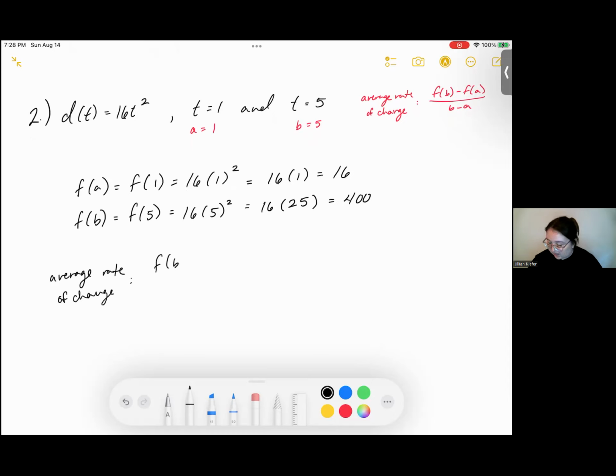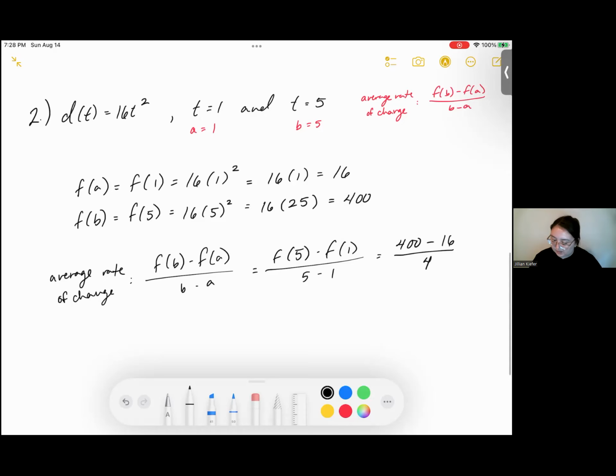So we have f of b minus f of a divided by b minus a. f of b is 400, which actually, let's go ahead and write out real quick. This is going to be f of 5 minus f of 1 divided by 5 minus 1. f of 5 we said was 400, and f of 1 was 16, divided by 5 minus 1, which is 4.